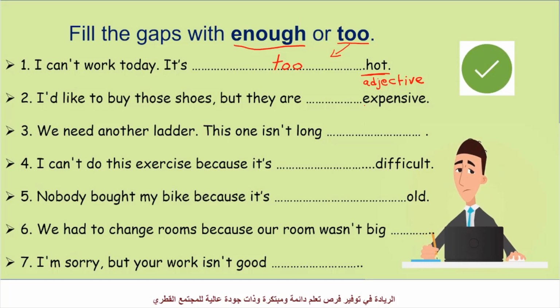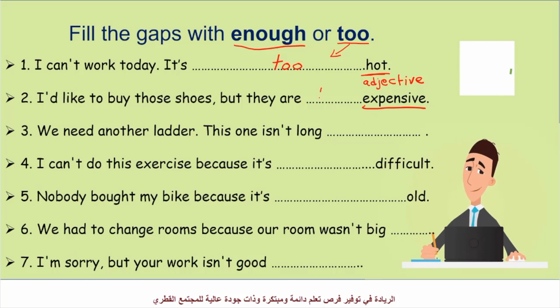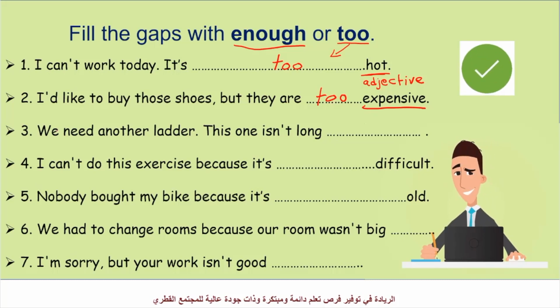Expensive is also an adjective. So we have to write too also. I'd like to buy those shoes, but they are too expensive. Number 3, we need another letter. This one isn't long.